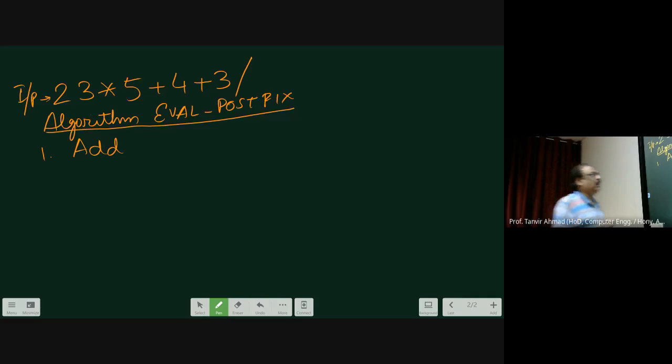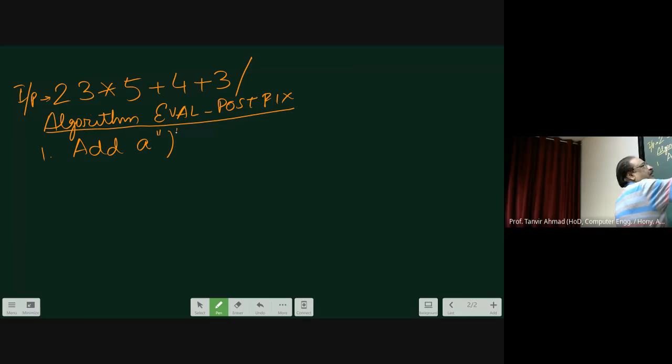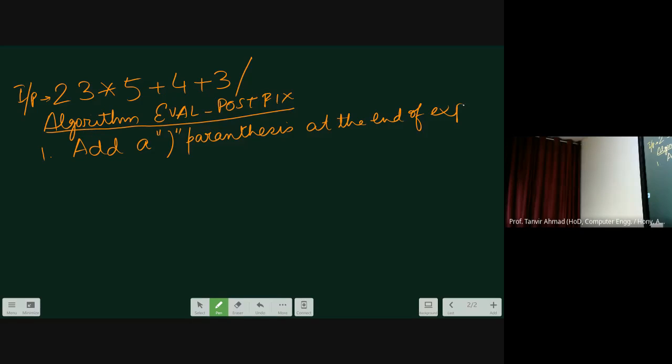Okay. Now what I will do is add a right parenthesis at the end of the expression. I add a right parenthesis intentionally at the end of the expression. Why? Because this parenthesis acts as a sentinel value. That means, how will you know where the expression ends?